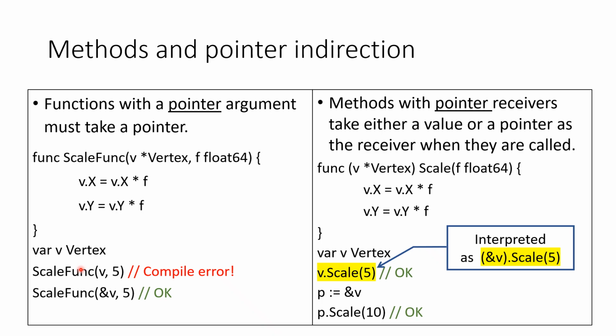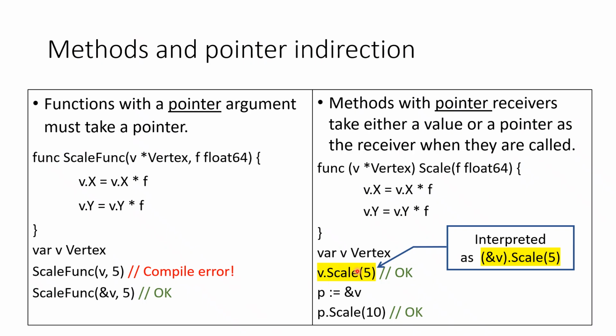And in another function, let's define a Vertex instance v. Then when you call ScaleFunc passing v as the first argument, it will cause a compile error because the first argument of ScaleFunc must be a pointer. So it must take &v instead of v.